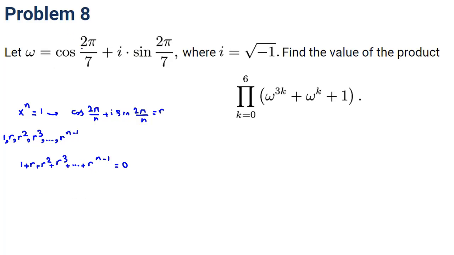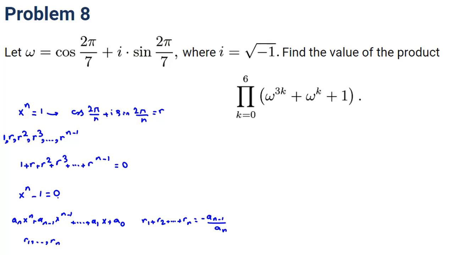It has two proofs. One proof is by Vieta's formula. If you have x to the n plus a_(n-1) x to the n minus 1 up to a1 x plus a0, with roots r1 to rn, the sum of the roots r1 plus r2 up to rn is equal to negative a_(n-1) over a_n. Here, because a_(n-1) is 0, the sum is 0.